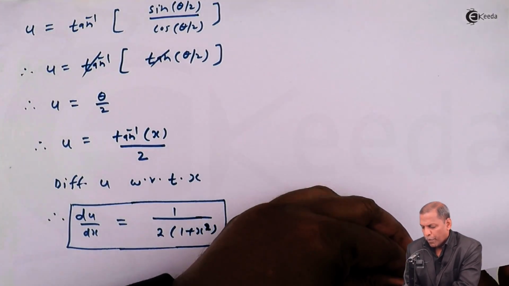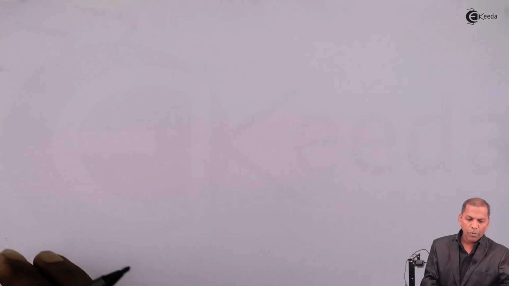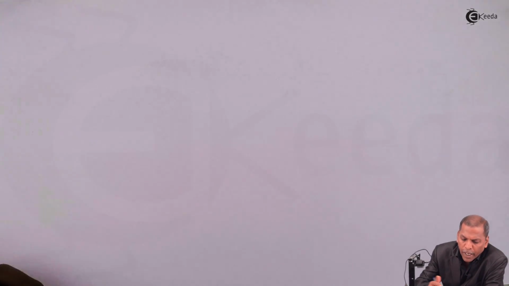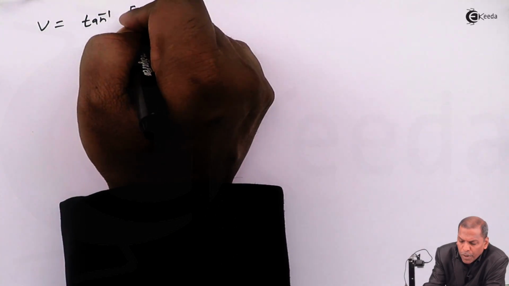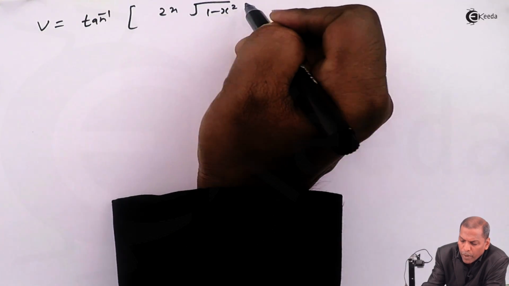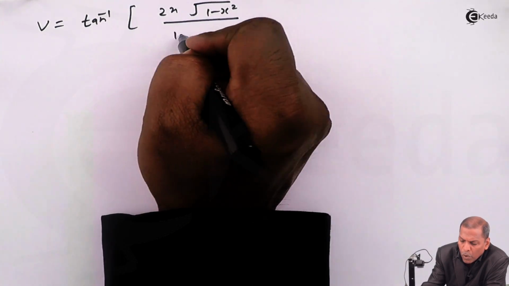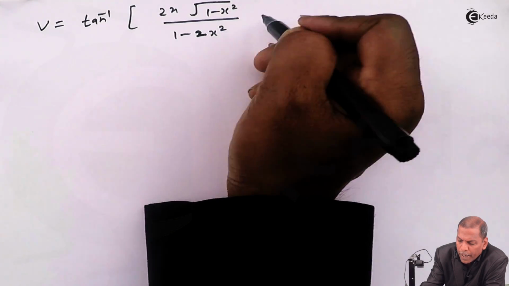So in this way we find a solution for u. Now we consider the second function, that is v equal to tan inverse in bracket 2x into root 1 minus x square, whole thing divided by 1 minus 2x square.